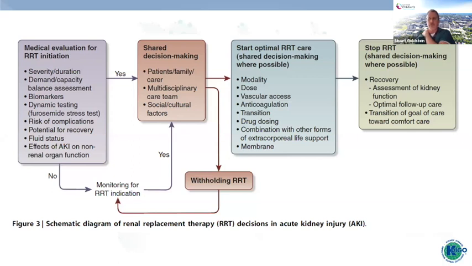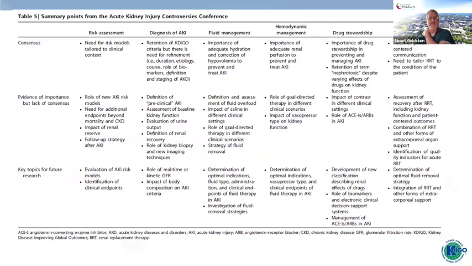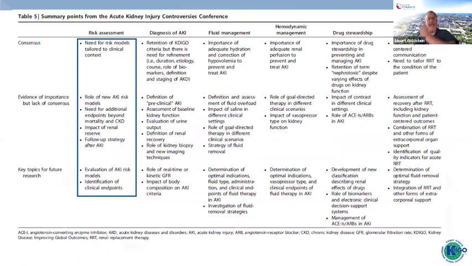And so to end, there are a number of summary points for all of the various work groups. In risk assessment, there's a consensus that we need risk models, and in fact, we've shown that there are some risk models that can be tested. There may be new ones, and we need additional endpoints besides mortality and CKD.